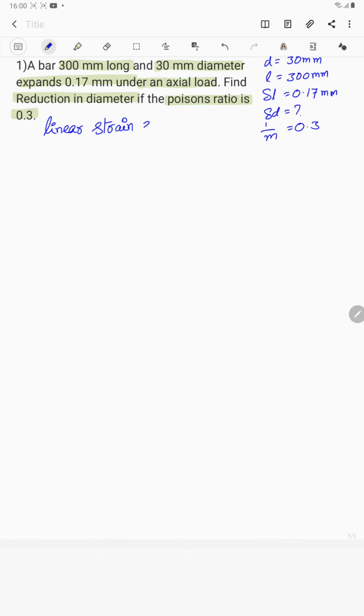Linear strain EL equal to change in length by original length. Here change in length is 0.17 and original length is 300.